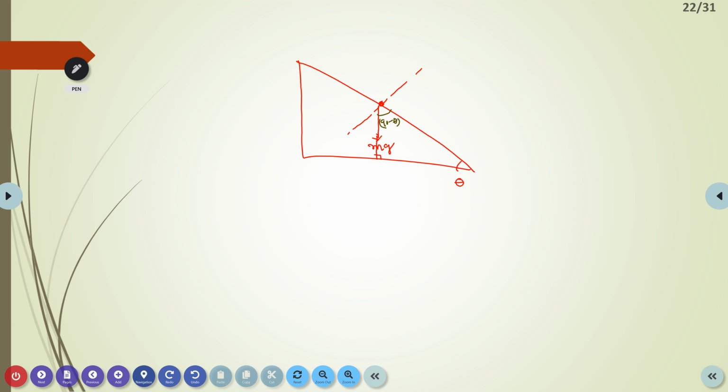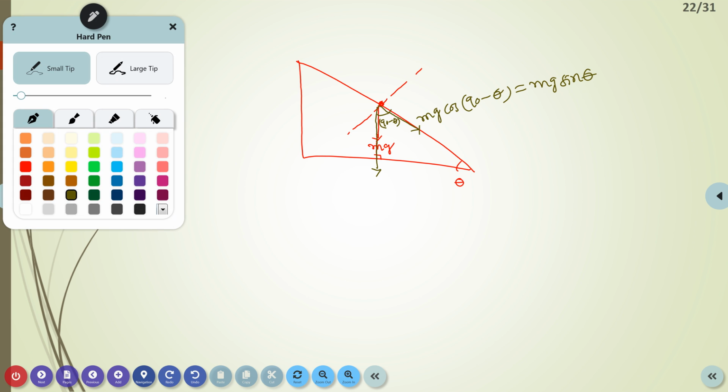So the component of this mg along this direction is mg into cos of 90 minus theta. What is cos of 90 minus theta? Equal to mg into sin theta. And here the magnetic field is acting now.